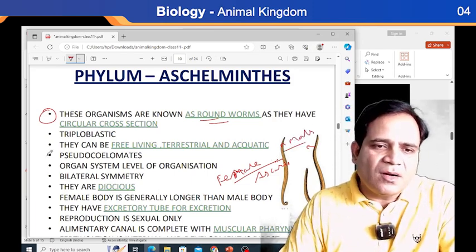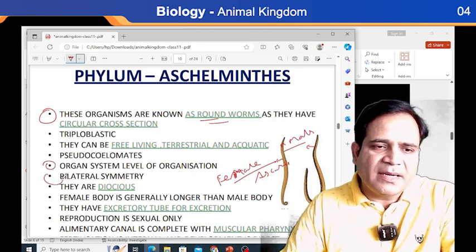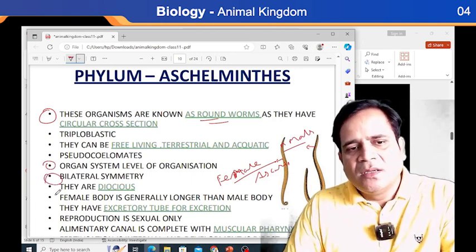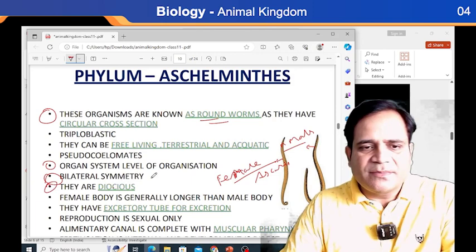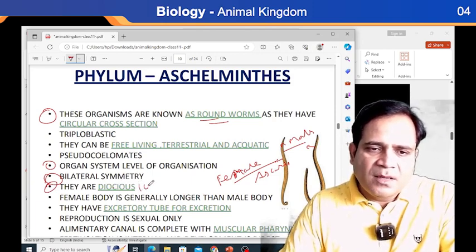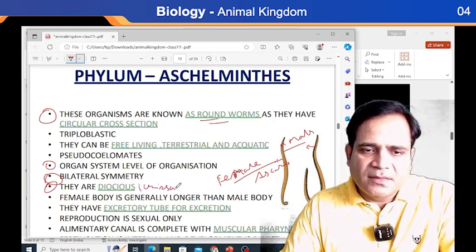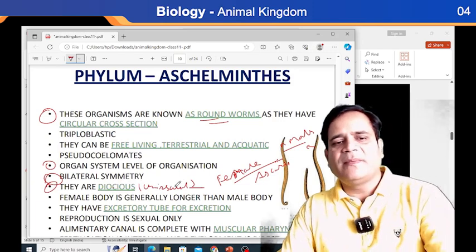They have organ system level of organization and bilateral symmetry. They are dioecious. Dioecious means unisexual. The female body is generally longer.